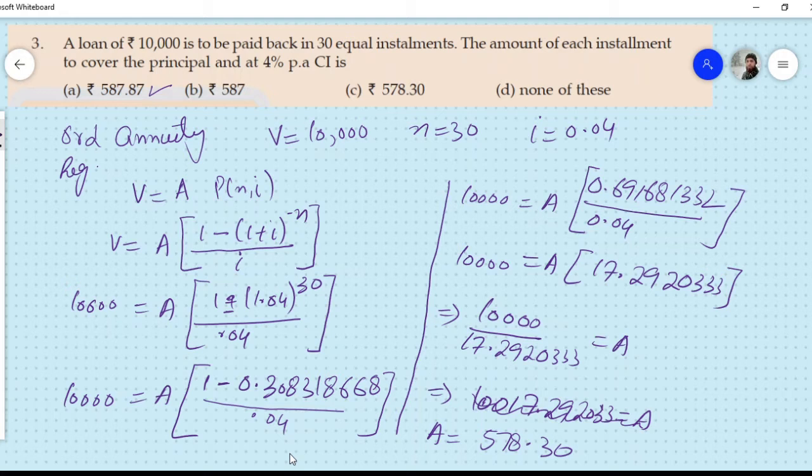The actual number is, after calculating this, A is equal to 578.30. So we are near about this. I think option A is the correct answer.